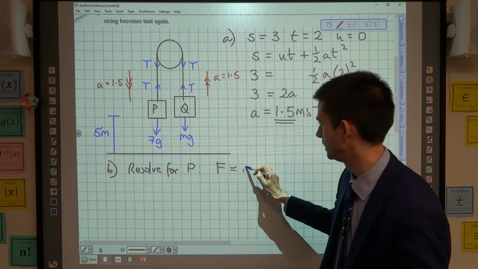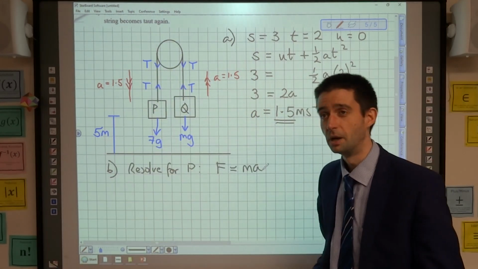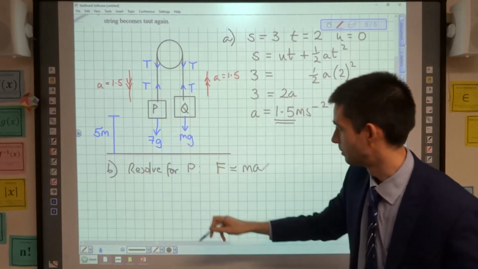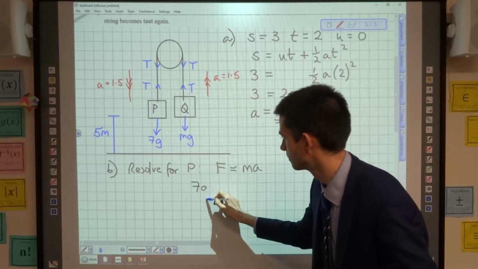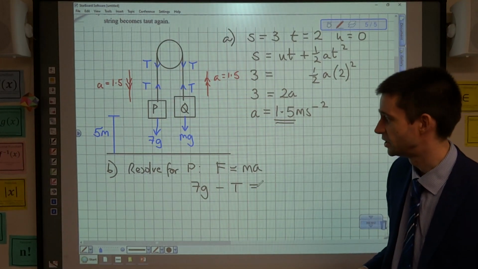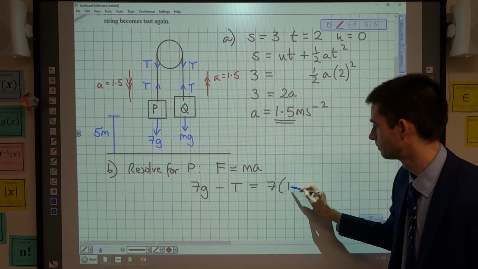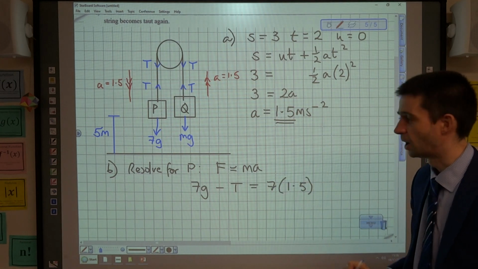Using resultant force equals mass times acceleration, with the positive direction being the direction of motion. So the force in the positive direction is 7g. The force opposing that motion is T, so 7g minus T equals the mass of particle P, which is 7, multiplied by 1.5.